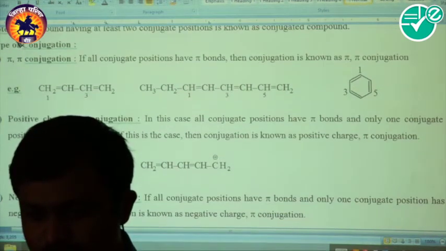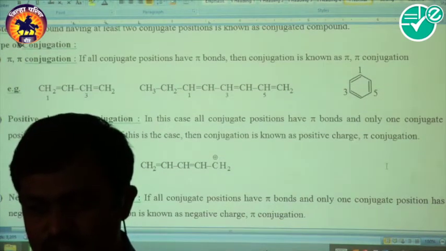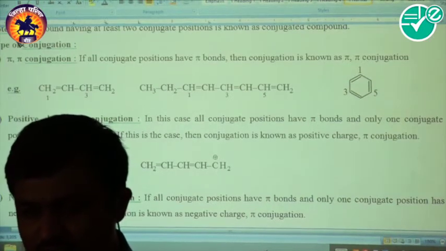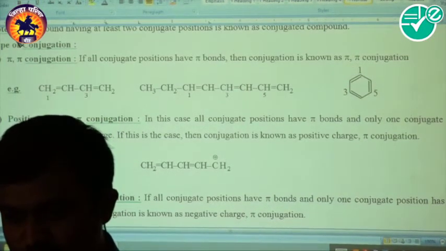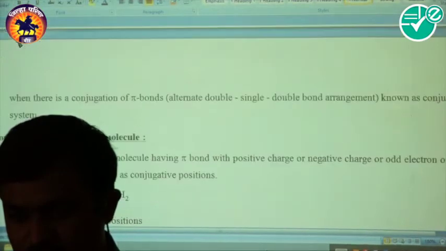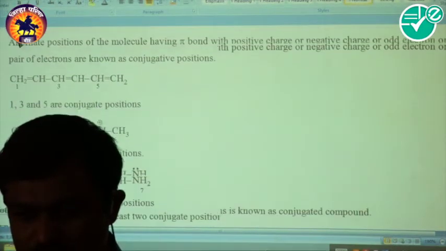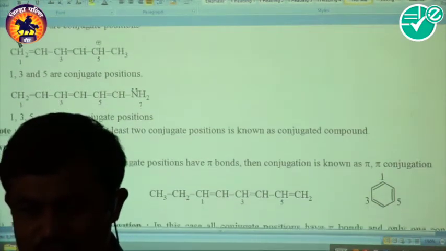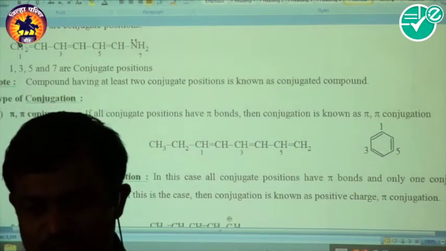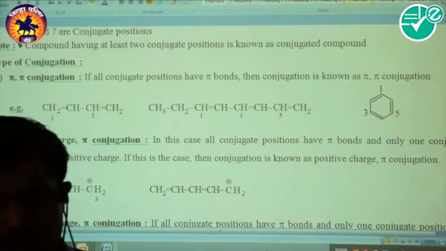Now look at the types of conjugation. First, pi conjugation.